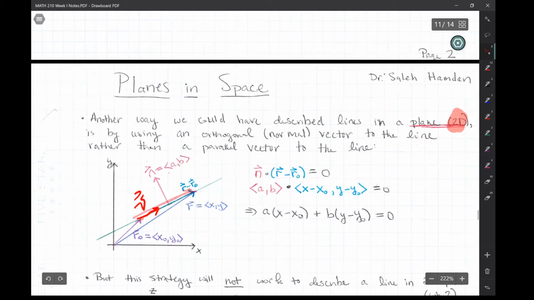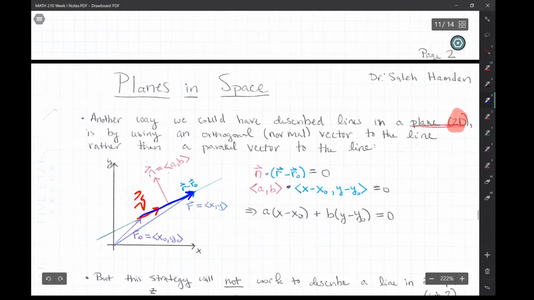R minus r naught will be orthogonal or perpendicular to this normal vector, which we're just given as AB. So what do all points on this line obey? They obey the equation here, that the normal vector n is perpendicular to r minus r naught. And r minus r naught, if you can't see it clearly, is here.